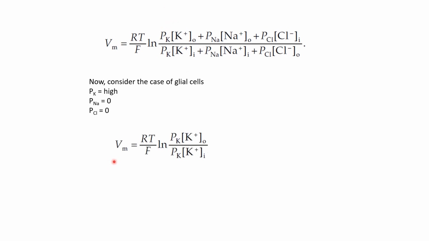So the final resting membrane potential becomes RT over F ln of PK times K plus outside over PK times K plus inside, and PK cancels out, and what we have left is basically the Nernst equation, RT over ZF, where Z is just 1 now, ln of K plus outside over K plus inside.